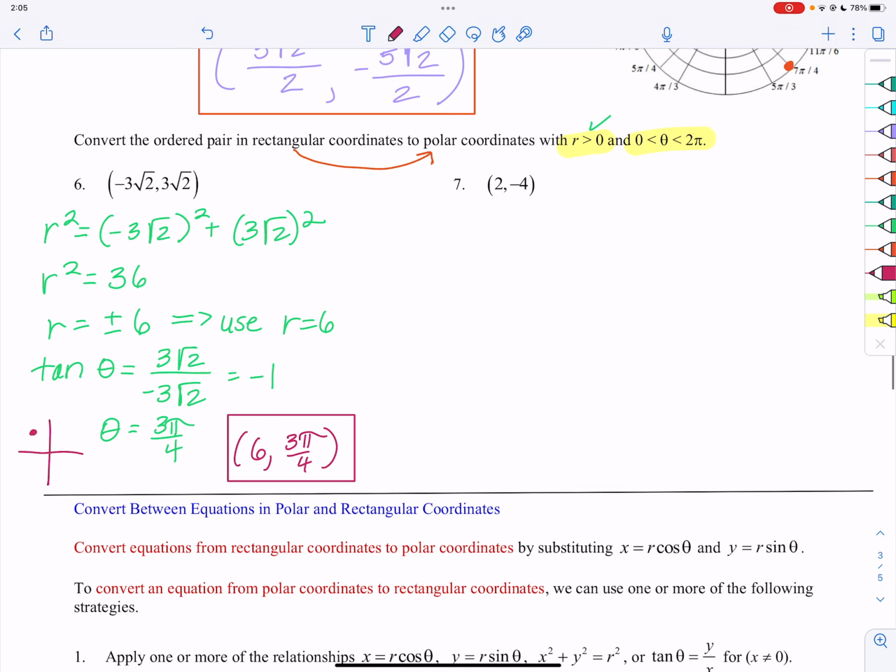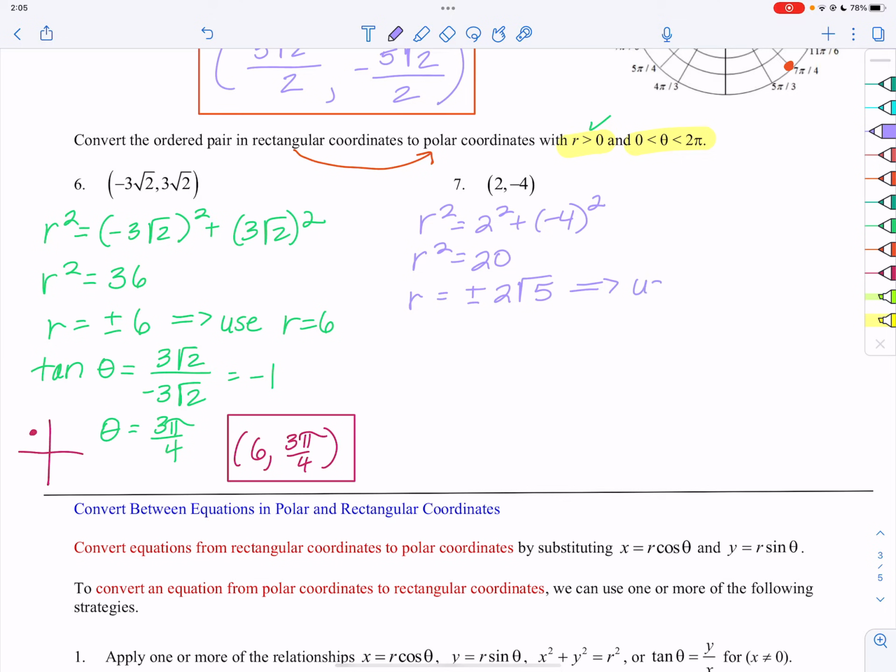Okay, let's take a look at this next one. 2, negative 4. So we have r squared equals 2 squared plus negative 4 squared. So r squared equals 20, and r equals plus or minus 2 root 5.